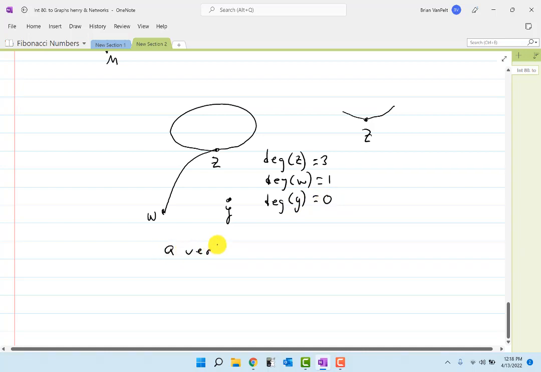A vertex has even degree if its degree is an even number. This almost sounds too silly to write down, but we need to define it.